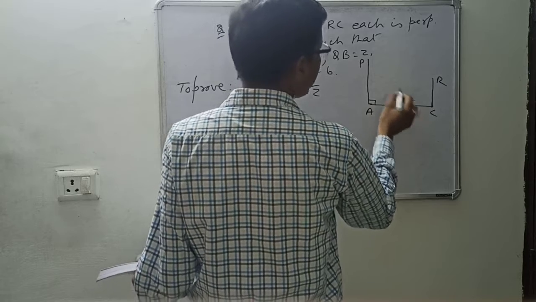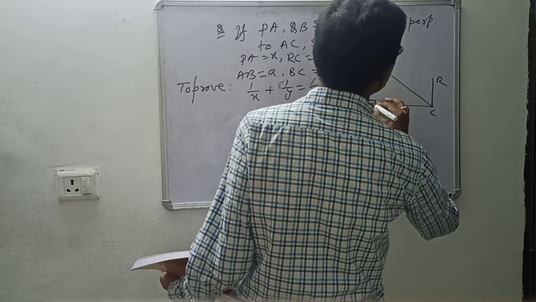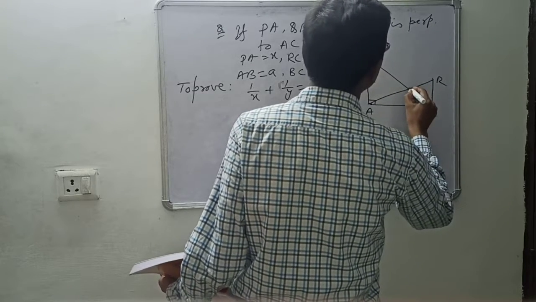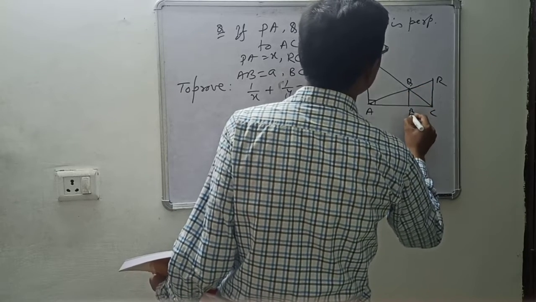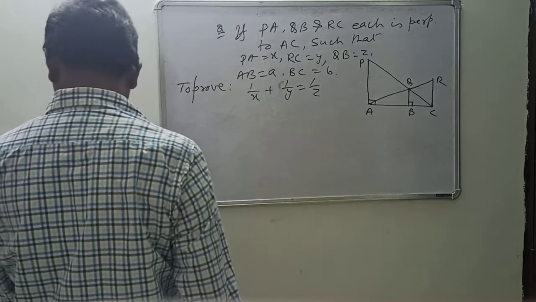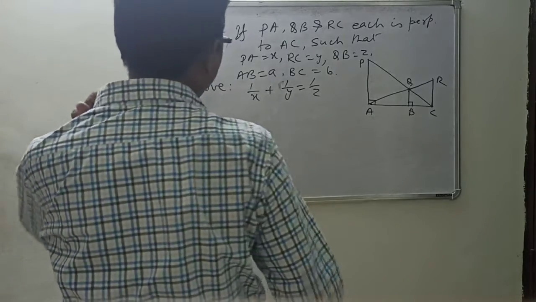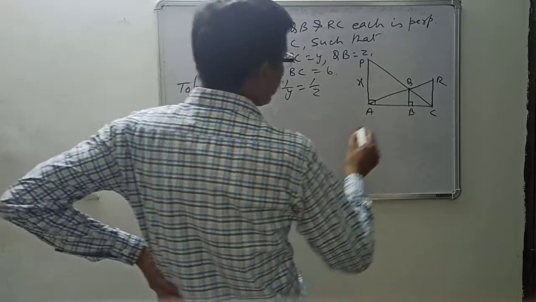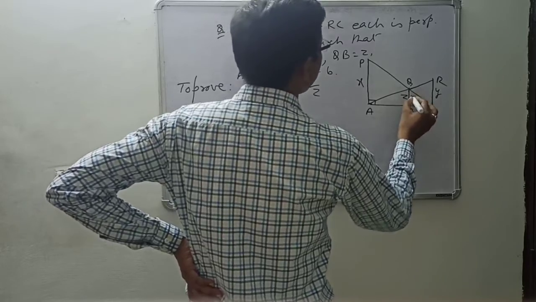Then QB is somewhere in the middle, and where they intersect, that will be the point Q. QB is also perpendicular. That is given to you. And on the figure, PA is X, RC equal to Y, QB is your Z.